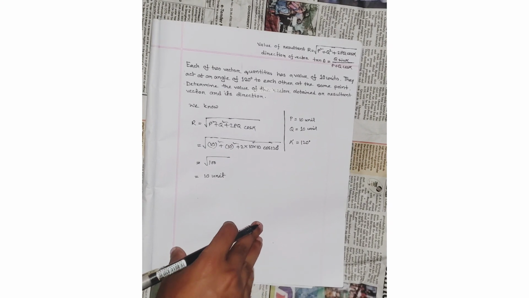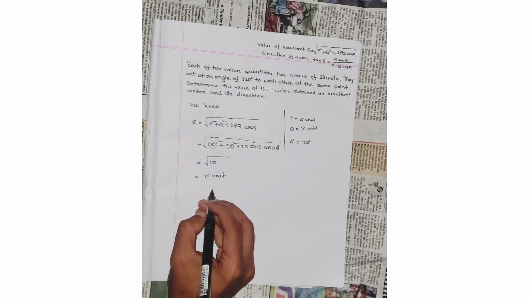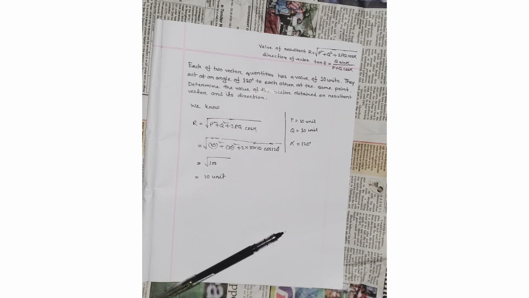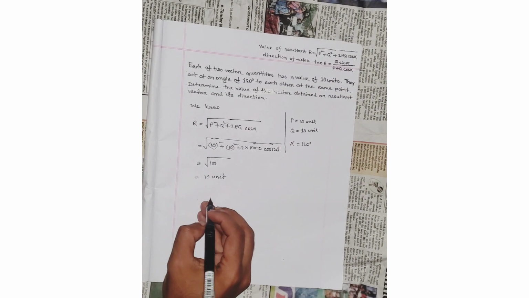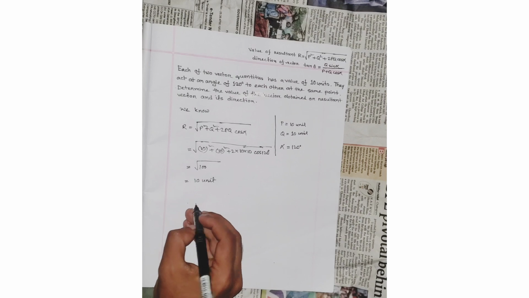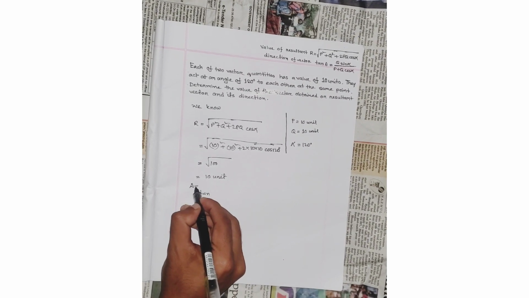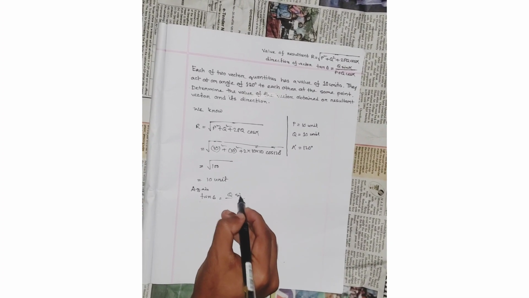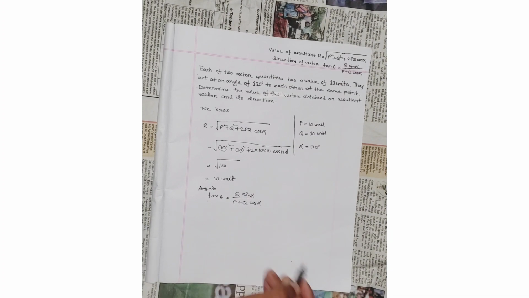Now we'll have to identify the direction of this vector. Okay, if you want to identify the direction of vector, then you will have to know the formula of direction. Tan theta equal to, again we will write, tan theta equal to Q sin alpha by P plus Q cos alpha.